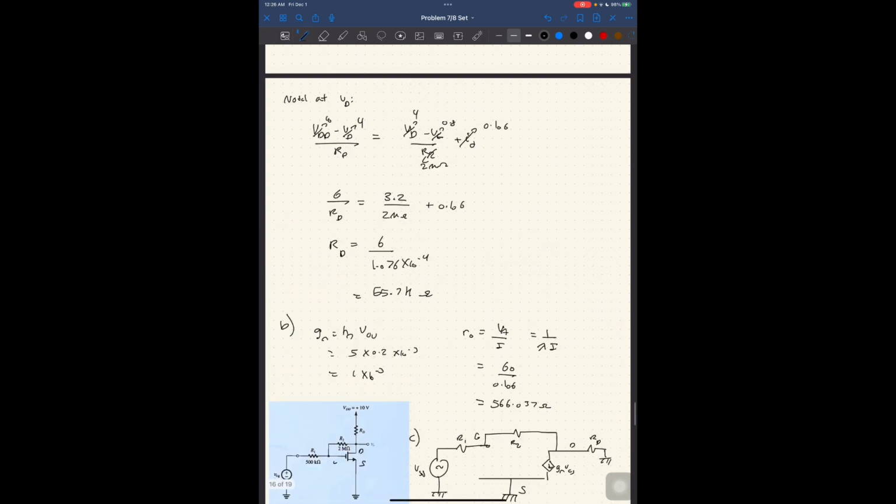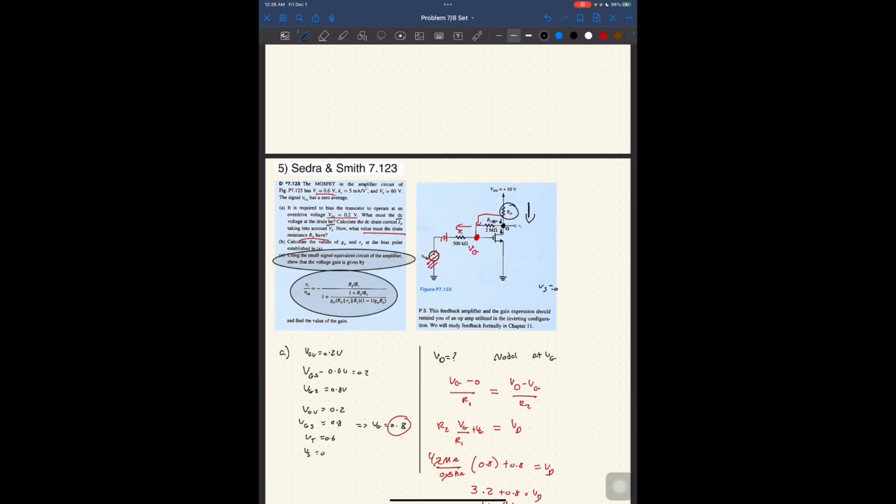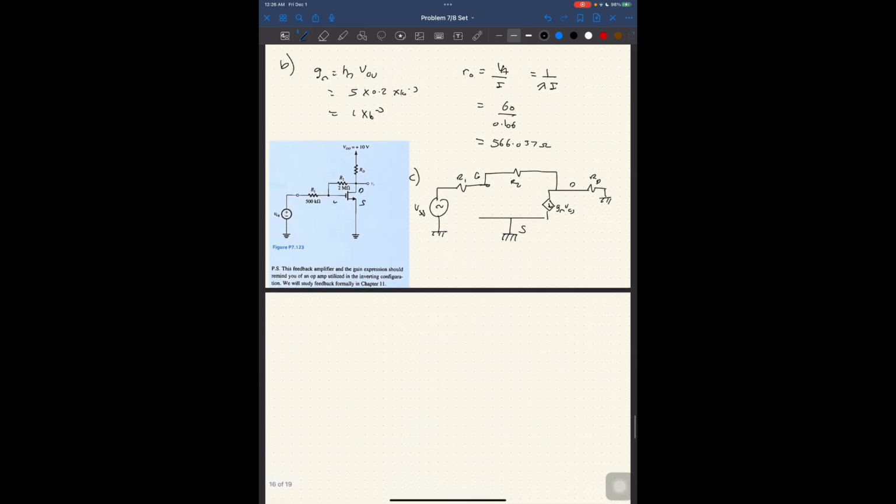Right, so using the small signal model, show that VO over V sig. You want VO over V sig. If I'm looking for V out over V sig, my first step will be to say that my V out is equal to VDS. My V in is equal to VGS. So VDS, right, is nothing but VD, since S is equal to 0.